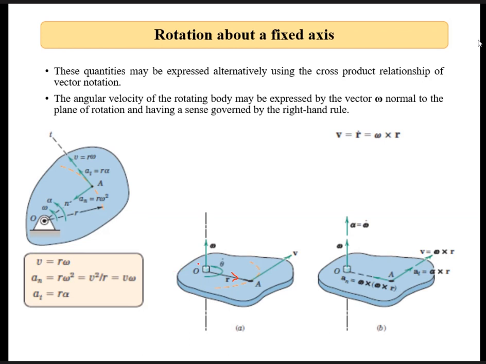So if omega is perpendicular to the plane, omega cross R will give you the exact direction of velocity V. So V is equal to R dot equal to omega cross R.